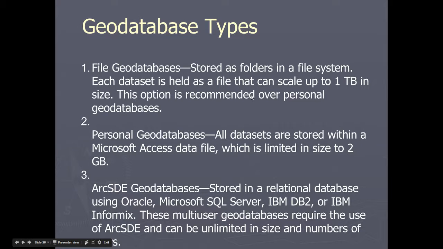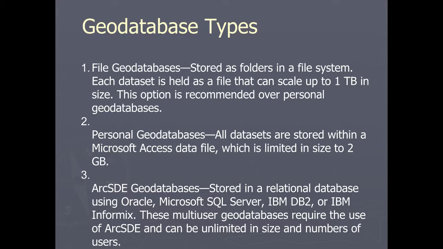There are several types of geodatabases. The first geodatabase ever released was the personal geodatabase, which is number 2 in this slide. The personal geodatabase stored geographic data in an Access database, and it had a limit of a 2 gigabyte file size.